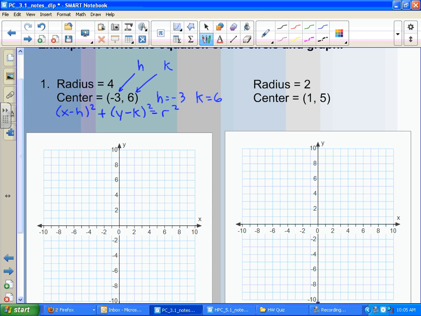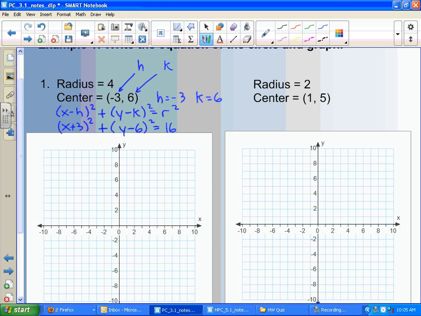When we're writing the equation, we only fill in three things: H, K, and R. So we have X minus -3, or X plus 3 squared, and Y minus 6 squared equals, now my radius is 4, so we do 4 squared and get 16. So that's the equation of this particular circle.